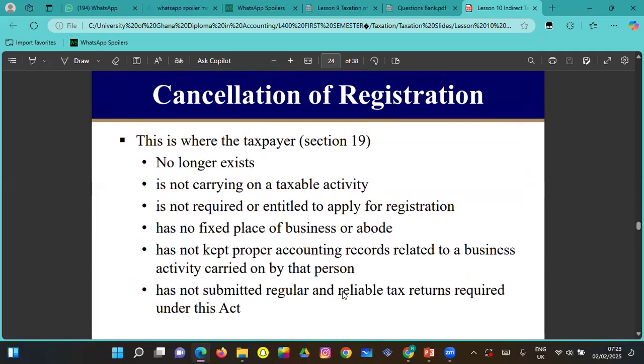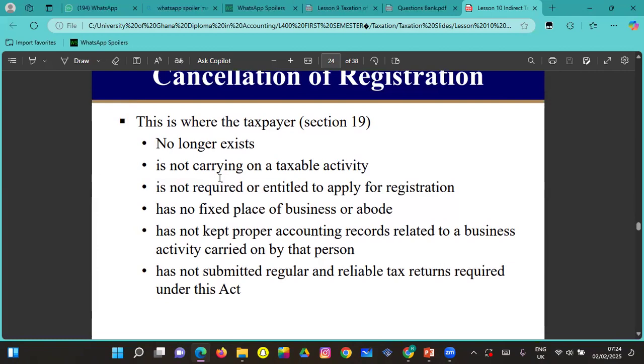So cancellation of registration, where maybe you have been registered and you want to cancel your registration, right? So this is where the taxpayer no longer exists. It can be as a result of death or maybe the personal trauma or the like. No longer exists, then it's not carrying on a taxable activity anymore.